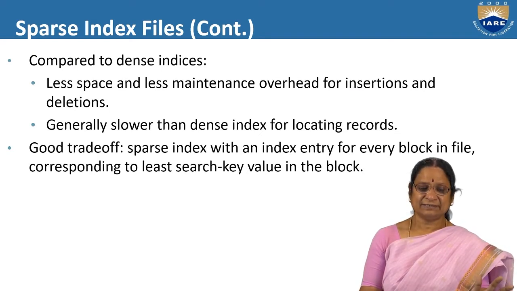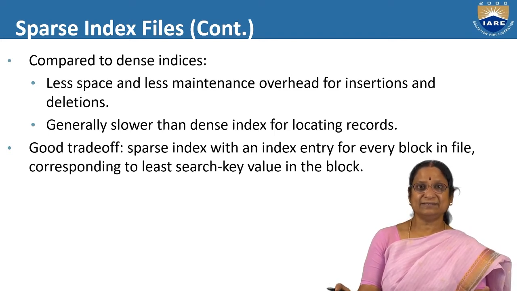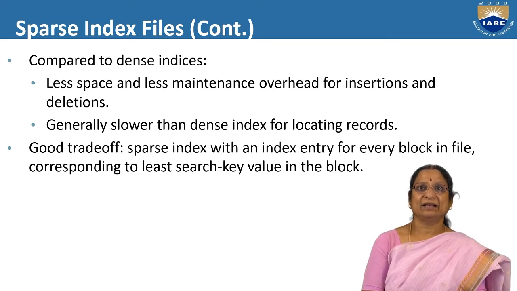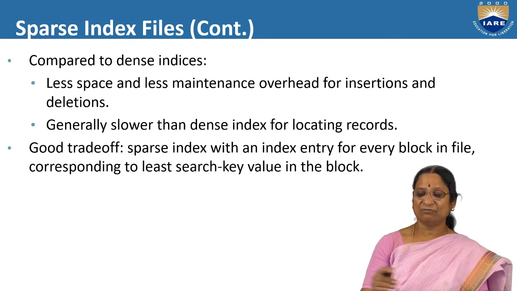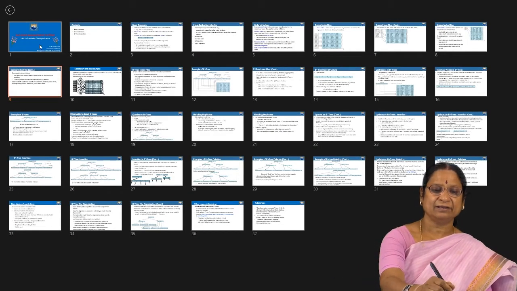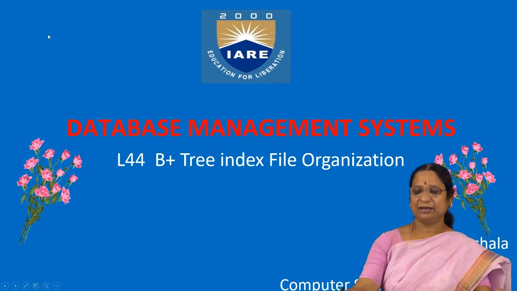Compared with dense indices, a sparse index file takes less space, so maintenance is also less. The overhead of insertions and deletions is also less. But it is generally slower than dense indexing for the searching process. Why? Because groups of records are allocated.